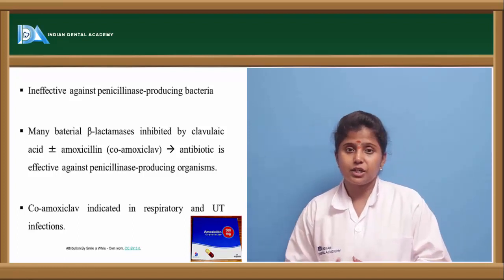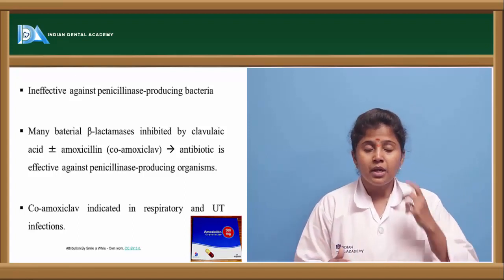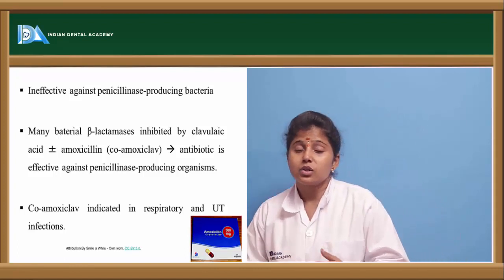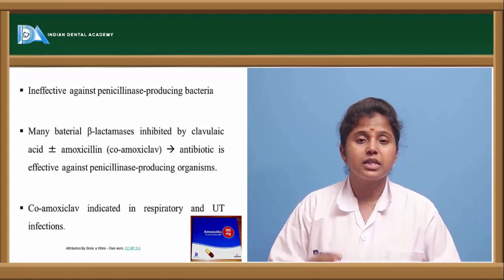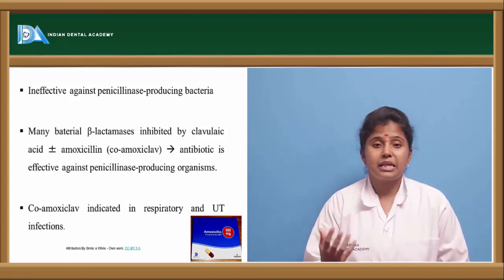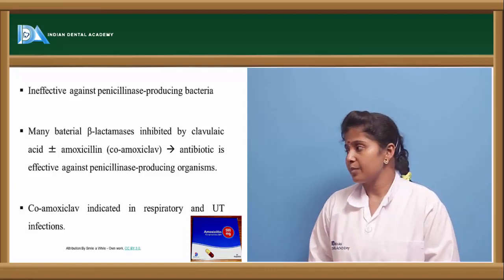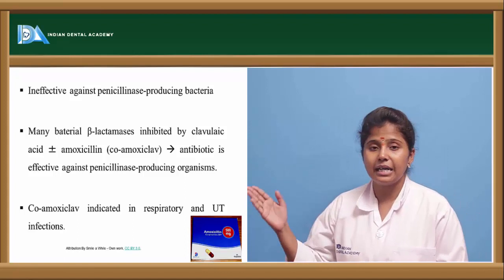Penicillins contain a beta-lactam ring, and penicillinase breaks the penicillin at the beta-lactam ring. As these drugs don't contain the beta-lactam ring, nothing happens if penicillinase or beta-lactamase is released by the microorganism. Many bacterial beta-lactamases are inhibited.